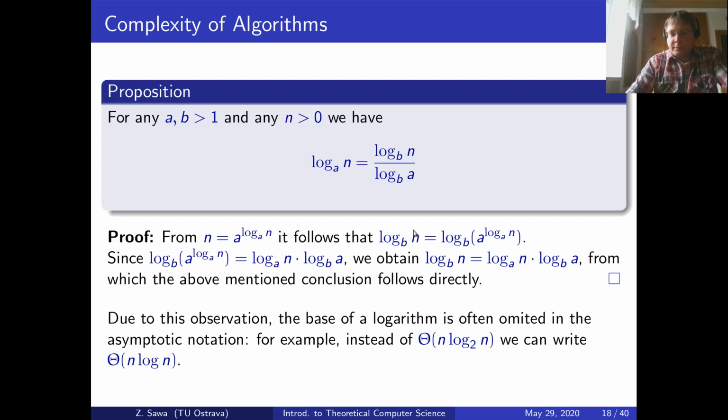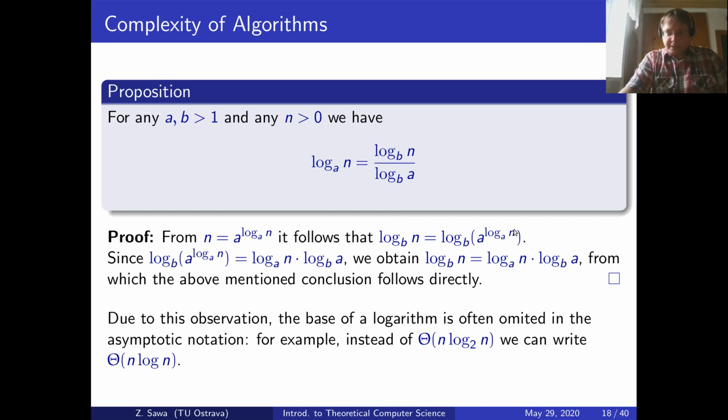So if I have that this is equal to this and this is equal to this, we have this equality. If I now multiply both sides of this equality by 1 divided by the logarithm of a with base b, we obtain this result.